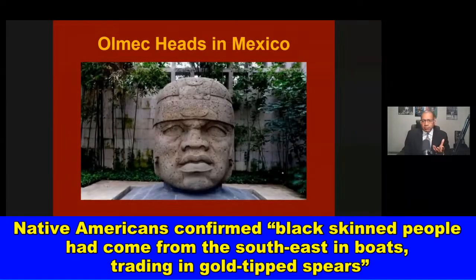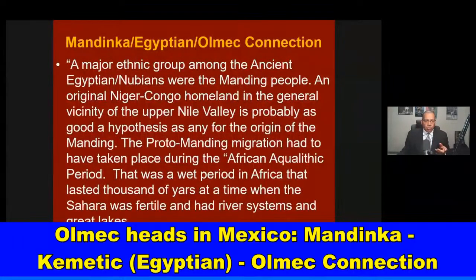So we deal with the Olmec heads in Mexico, in Central America, and who were the Olmecs. Also, we go throughout thousands of years of history, look at these different civilizations. Dr. David Imhotep in The First Americans Were Africans talks about the Mandinka Egyptian Olmec connection.